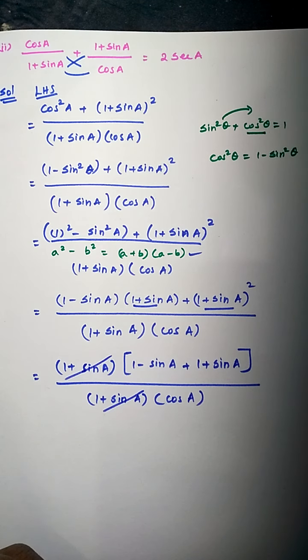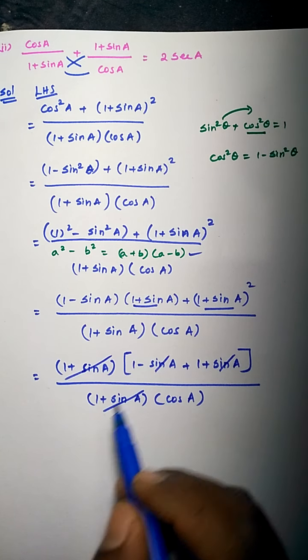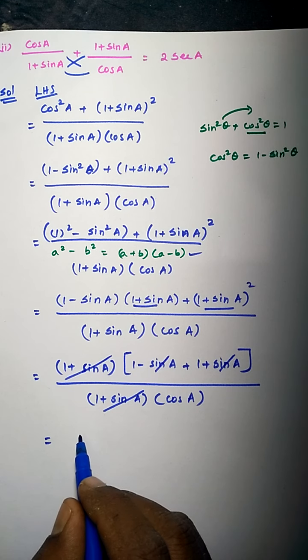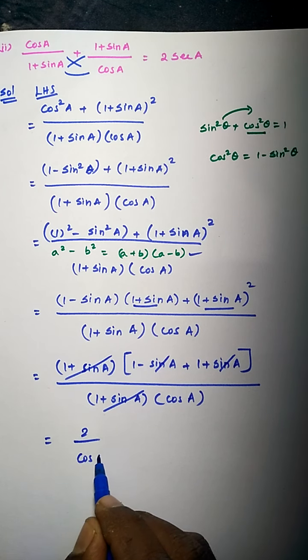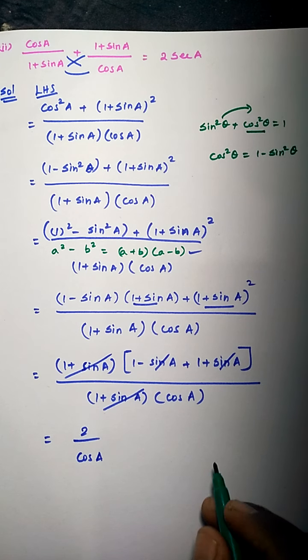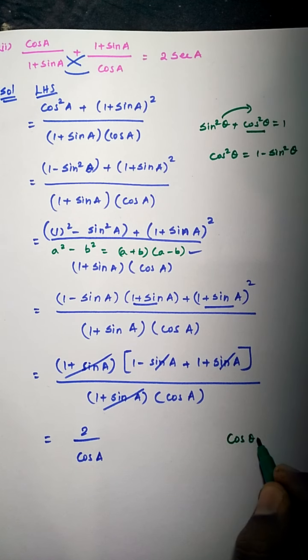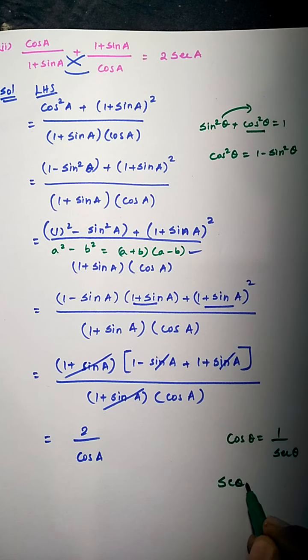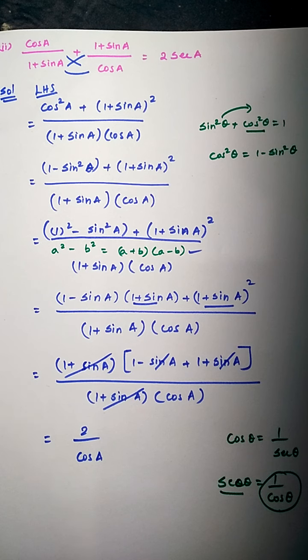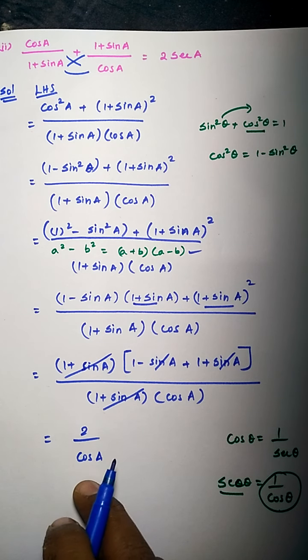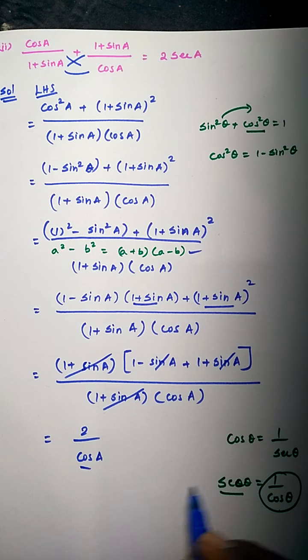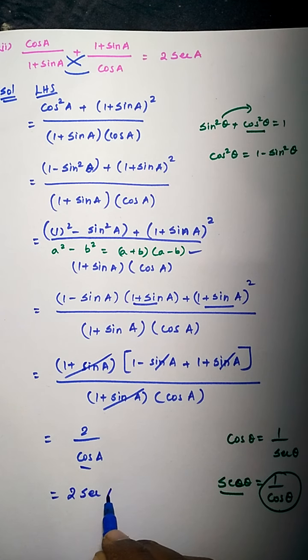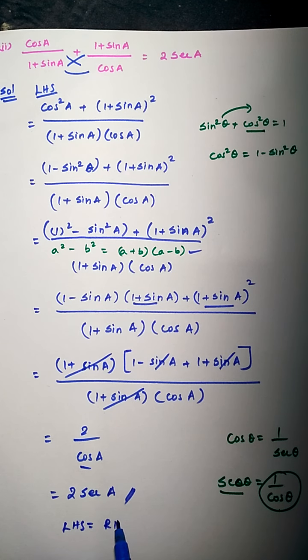Now 1 plus sin a cancels with 1 plus sin a, and plus sin a minus sin a also cancel, and the remaining is (1 plus 1), which is 2, by cos a. Now we know the reciprocal: the reciprocal of cos theta is 1 by secant, and the reciprocal of secant theta is 1 by cos theta. So instead of 1 by cos theta we can take secant theta. Here 2 by cos a is there, so if you use this formula you will get 2 secant a. This is what we had to prove. Hence LHS equals RHS.